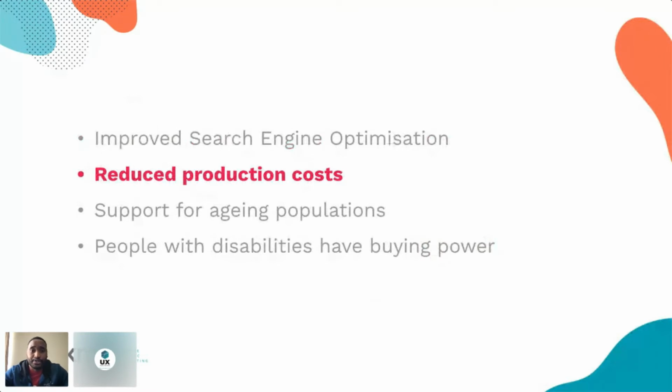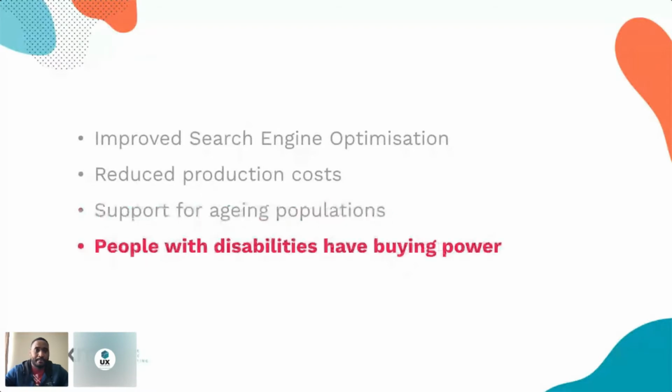Developing to standard reduces bugs and costs of integrating with other systems as well. Aging populations also have money to spend, right? And will come to your site over the less accessible, less usable competition. And lastly, people with disabilities won't spend if they have difficulty accessing your site.